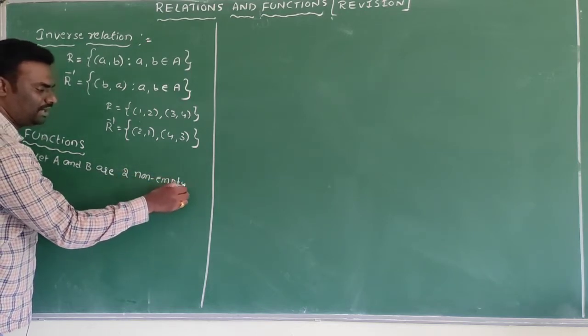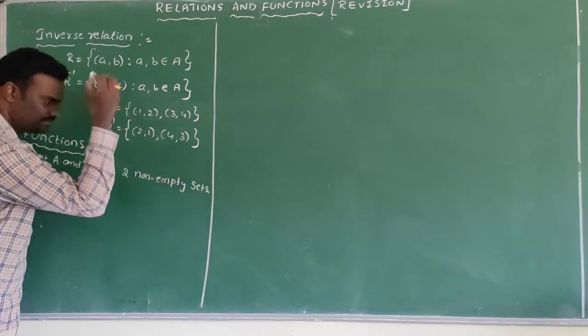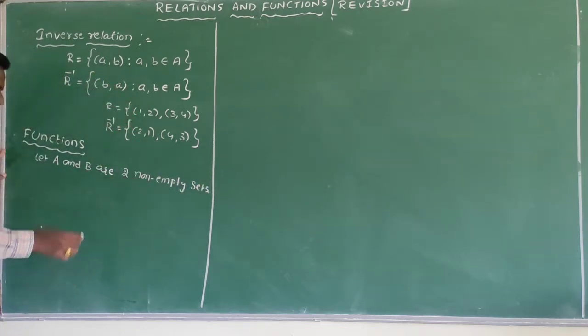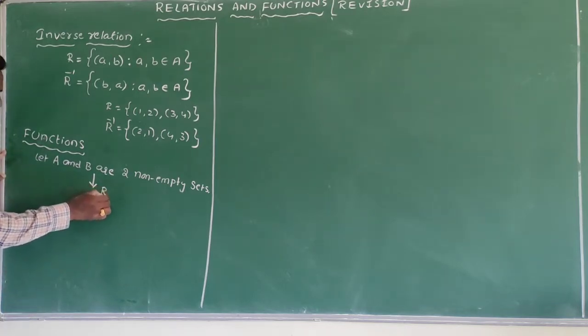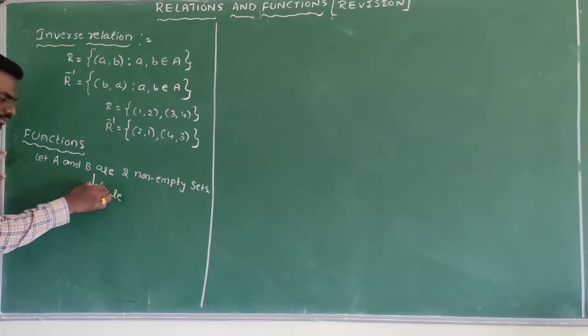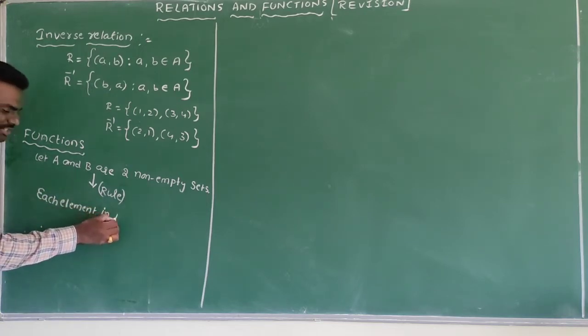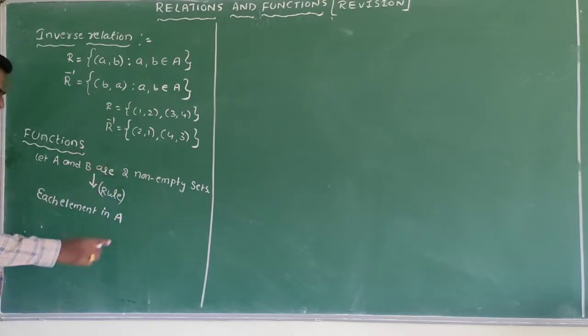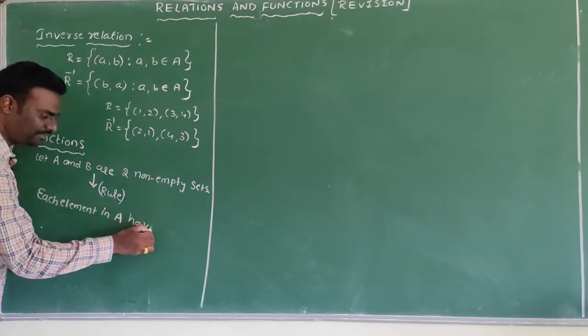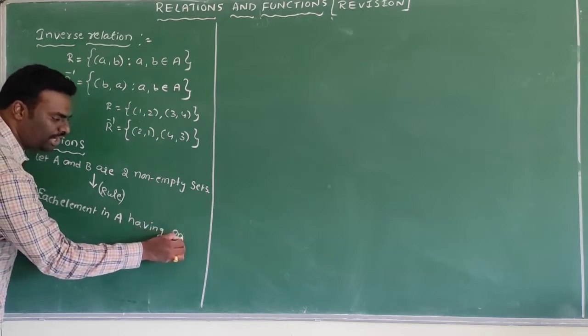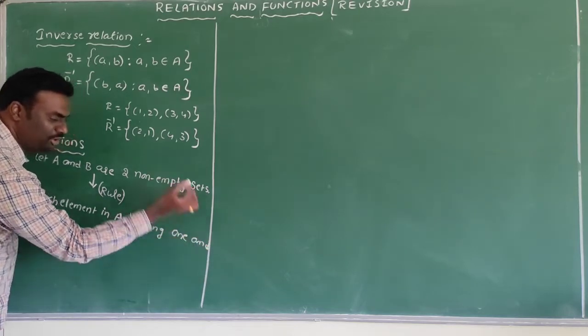A and B are two non-empty sets. Okay, that is the first point. Now, this function is a rule. This rule associates with each element in the first set having one and only one image, that is called unique.